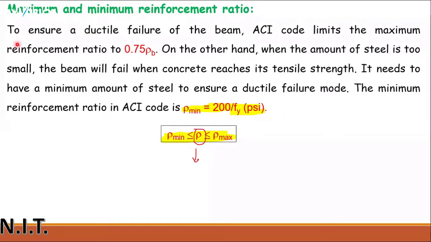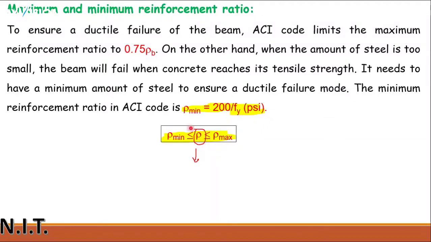To ensure a ductile failure of a beam, the ACI code limits the maximum reinforcement ratio to 0.75 rho B. According to ACI, the American Concrete Institute code, this rho maximum should be equal to 0.75 of rho B.